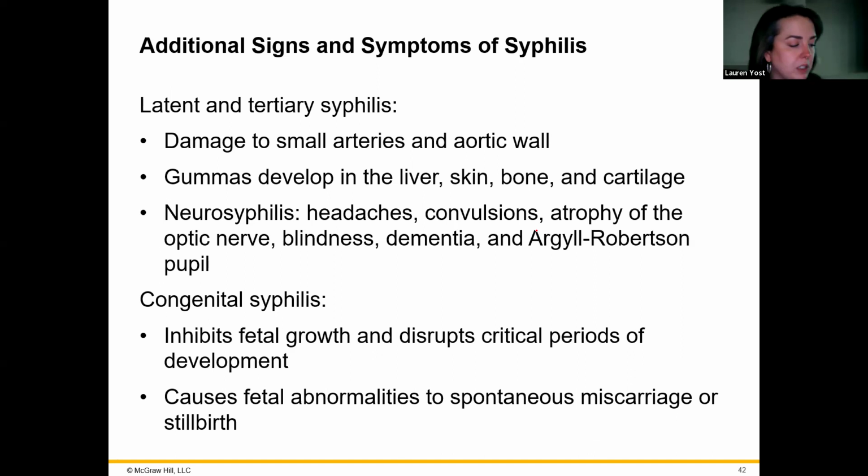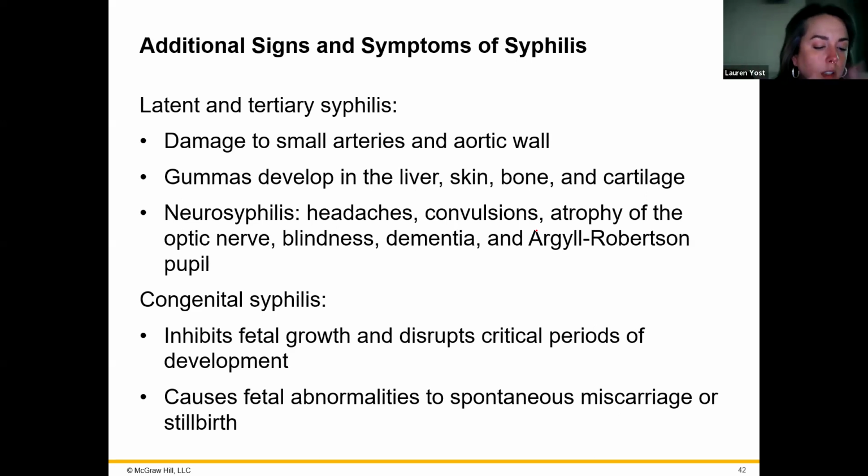You also have essentially the presentation of that bacteria now eating away and causing craters in the skin and disfigurement that way. Then neurosyphilis presentation, headaches, convulsions leading to blindness and dementia. And in the middle there, we have Argyll-Robertson pupil, which is where you shine a light in someone's eyes and it does not constrict. They'll just stay dilated.